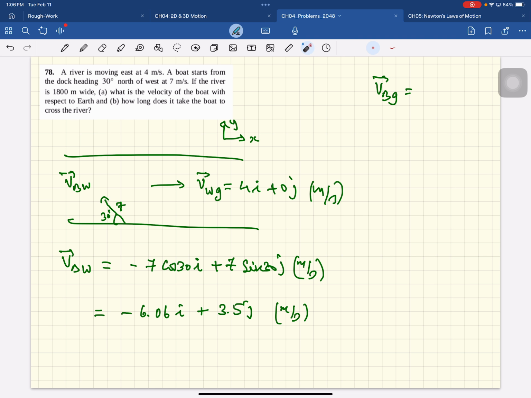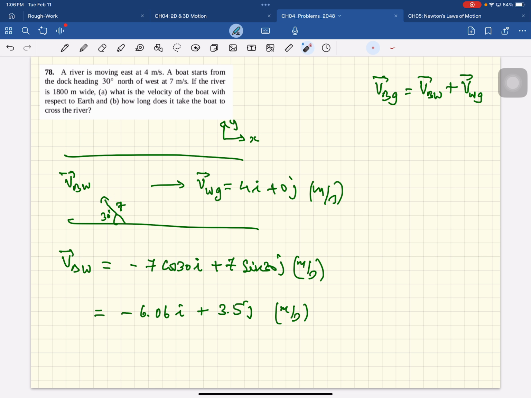Remember, you can insert a letter in between, is the velocity of the boat with respect to the water plus velocity of the water with respect to the ground. And this makes sense. This is the direction of the boat, this is the velocity of the boat, and there's the velocity of the water. The water is carrying it along, so this vector plus this vector gives you the net velocity.